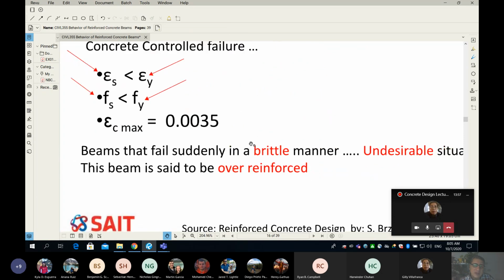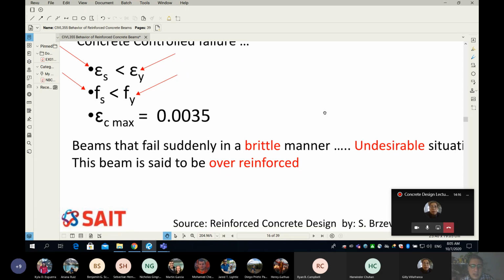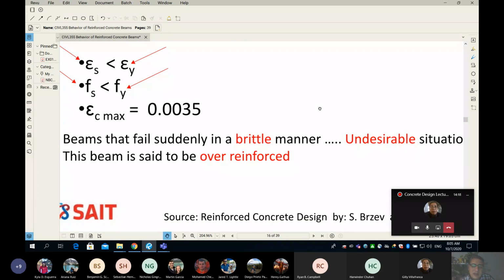And as I said, this kind of failure is a brittle failure because we know from strength of materials, concrete is a brittle material. In tension, in compression, in shear, it does not yield like rebar. And so whenever the concrete fails first, it means it is a brittle failure. And because it's brittle, it doesn't give enough warning, and that's why it's undesirable.